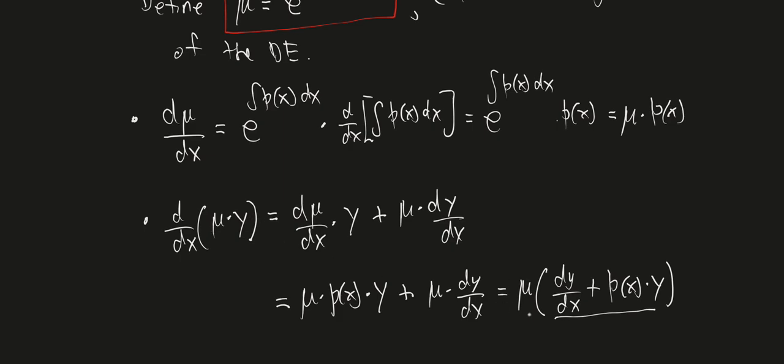So this is the magic function that we need to multiply both sides of the differential equation by. This will allow me to do my product rule in reverse and combine the two terms on the left into the derivative of a single product, and that will give me the procedure for isolating y.